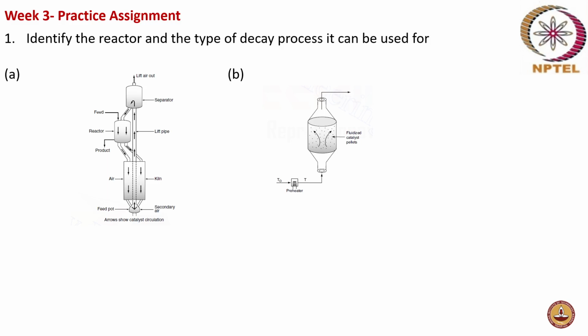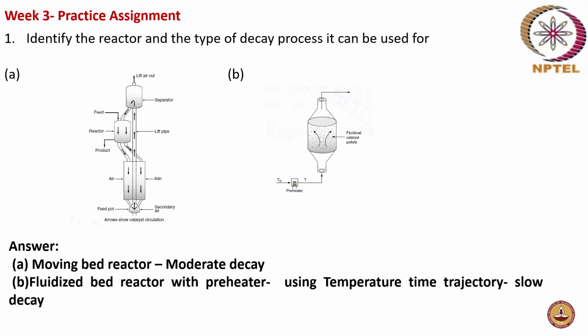Okay, then used in a slow decay system. Yes, as you said. So as you said, A is a moving bed reactor, which can be used for moderate decay, and setup B is a fluidized bed reactor with a preheater.